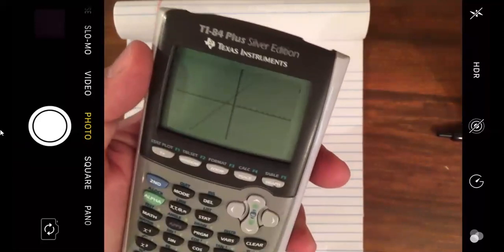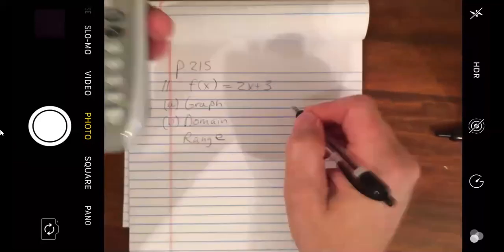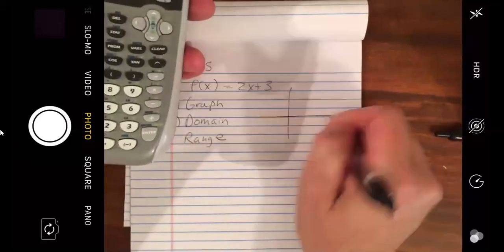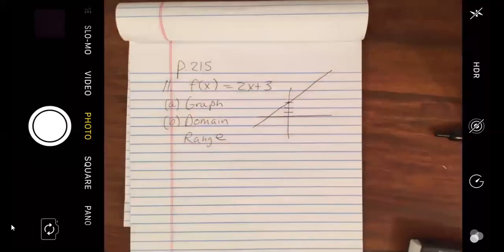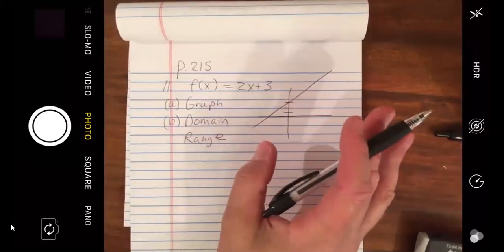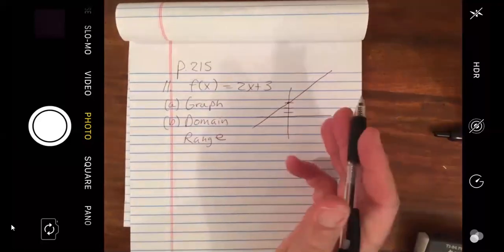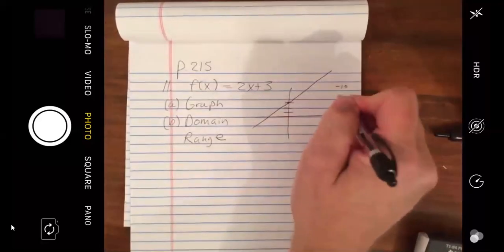All right, get a straight line with a y-intercept of 3 because it is following your mx plus b. One, two, three. Straight line. Only a formula like this with no other information about it, you've got to give the calculator numbers. So negative 10, 10, 1, negative 10, 10, 1 are as good as any.